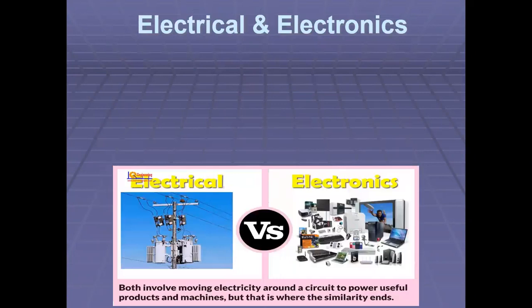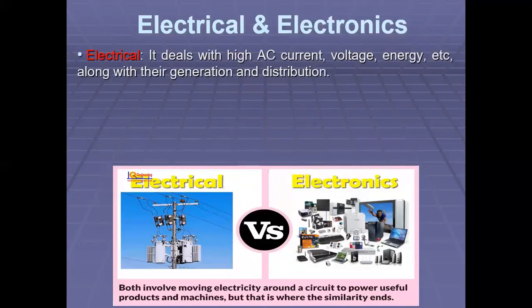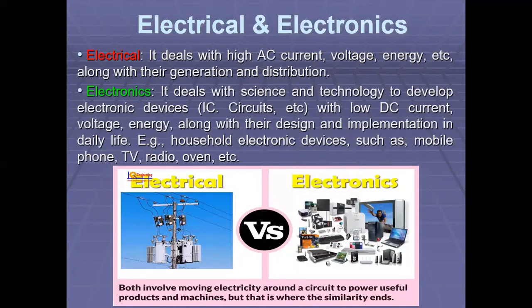So let's see first: what is the difference between electrical and electronics? A very basic one, but we need to know before starting. Electrical deals with high AC current, voltage, energy, etc. It also refers to their generation and distribution, for short distance or long distance.